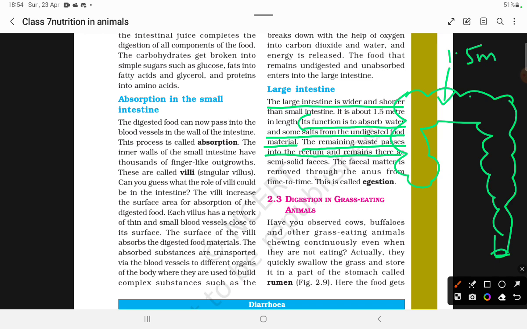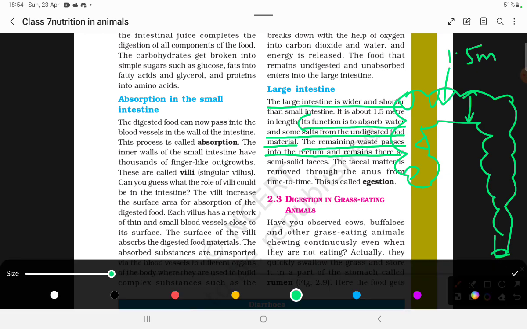It is quite thick, you can see the dimension here. Villi are present here also, which are absorbing water and salts. So here water and salts are absorbed. Whatever salts are formed in our body during digestion are absorbed and given to the cells of our body.